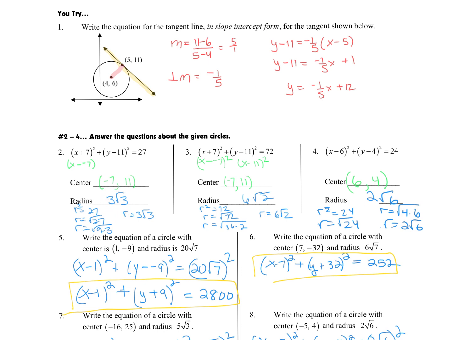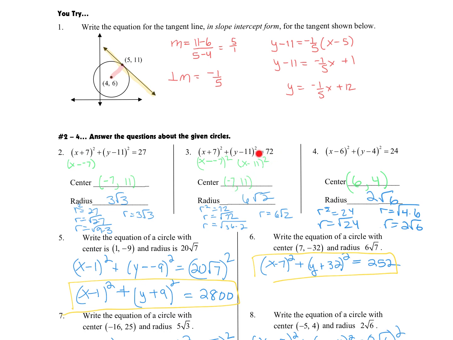Looking at number 3, here we have x minus a -7. That means that -7 was once the x-coordinate of the circle. And then if we look here, y minus 11, the minus means that this is going to be a positive coordinate.